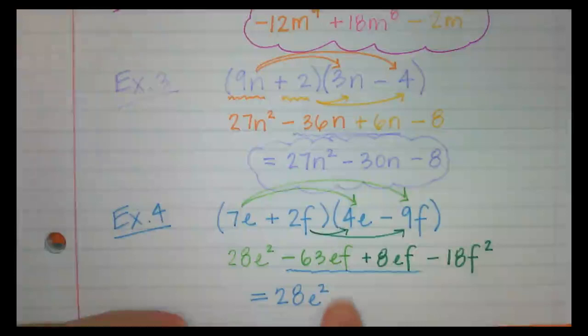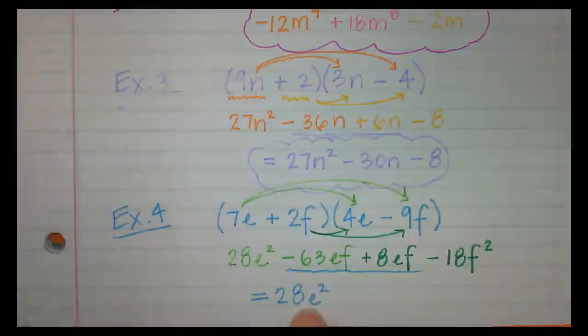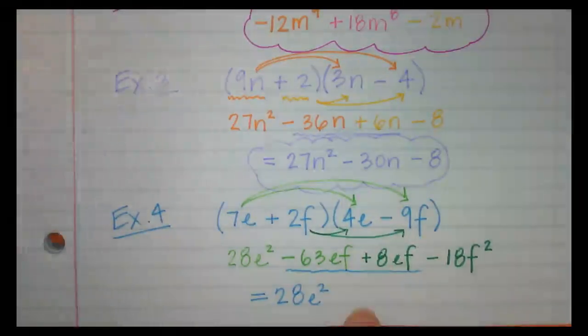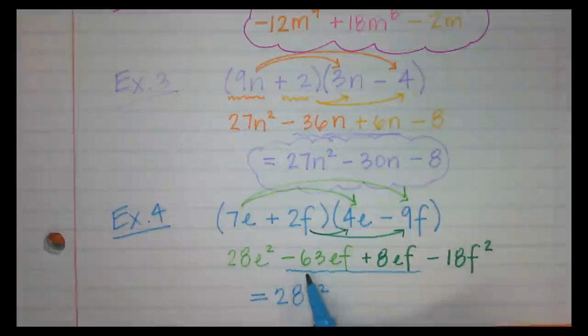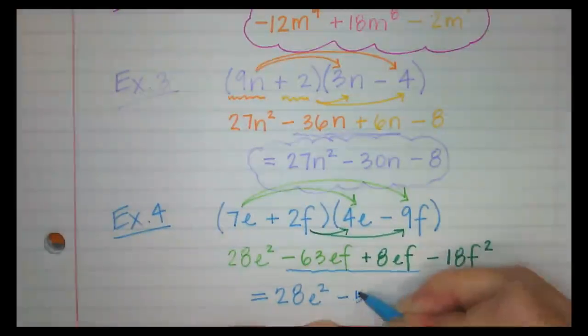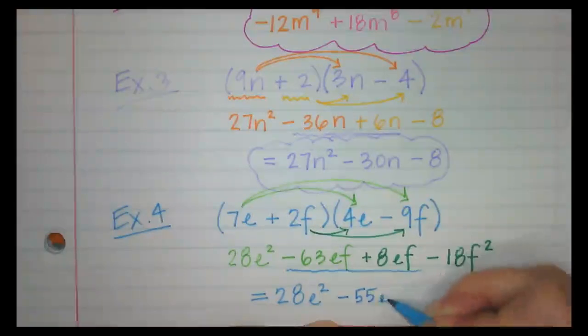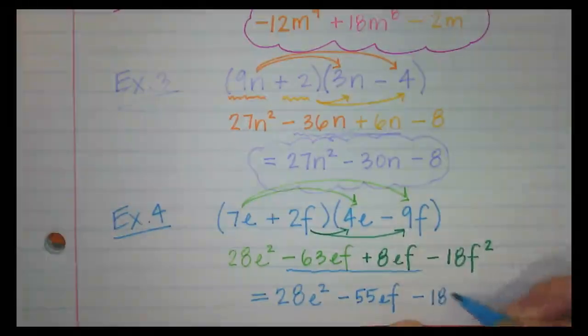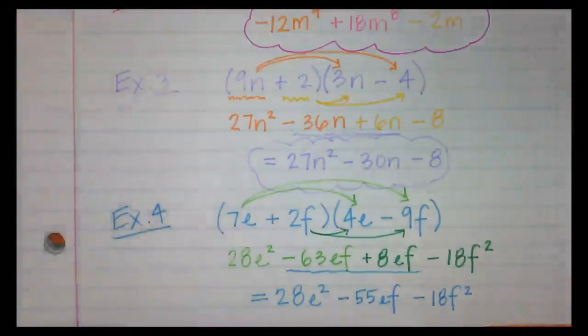Now, keep in mind that ef is actually going to come next because e squared is the highest exponent, and then e would come after that. So this is going to go next in our descending order. So if I have a negative 63 plus 8, that should be negative 55ef minus 18f squared.